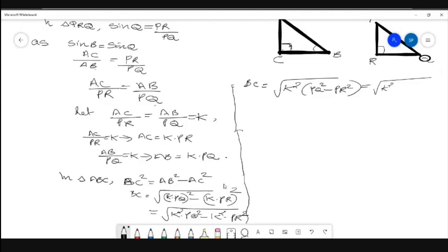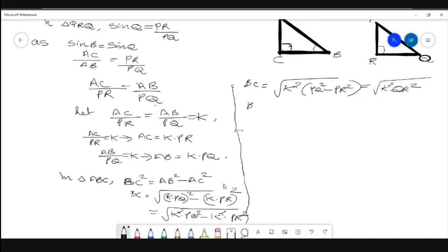That is equal to root of K square into, what is PQ square minus PR square in the figure? You can see PQ square is hypotenuse square minus altitude square, that is equal to QR square here. So there you can write K square into QR square.